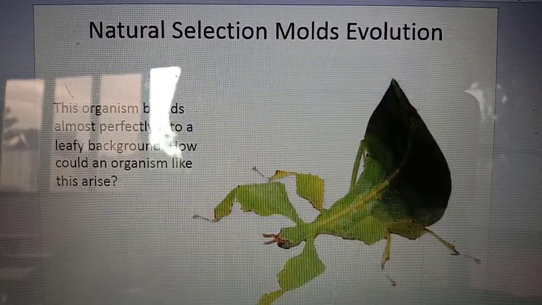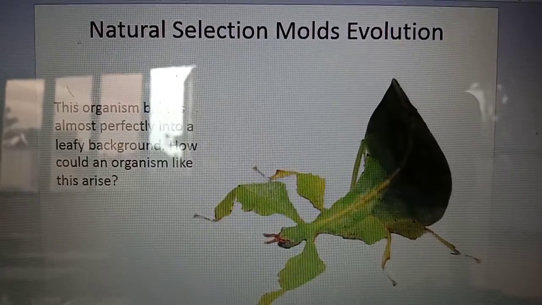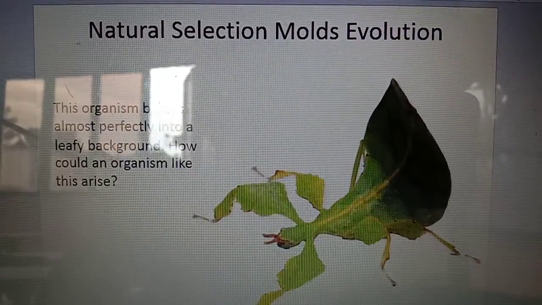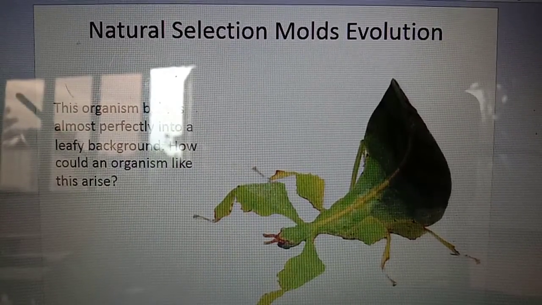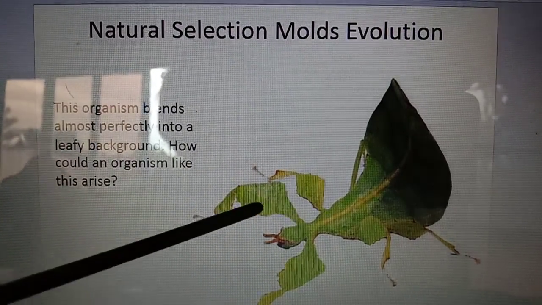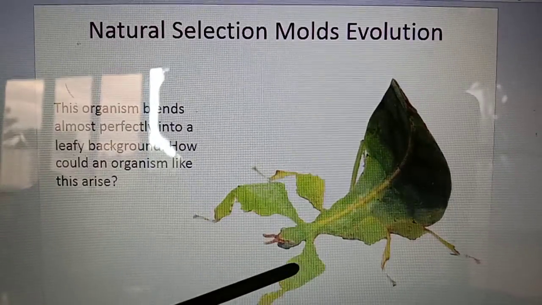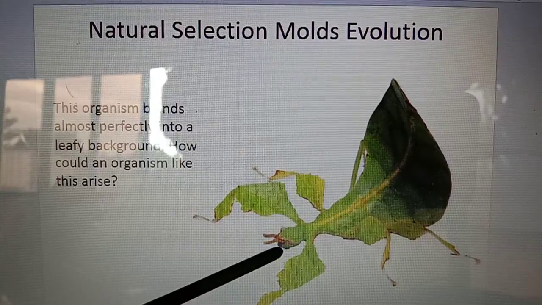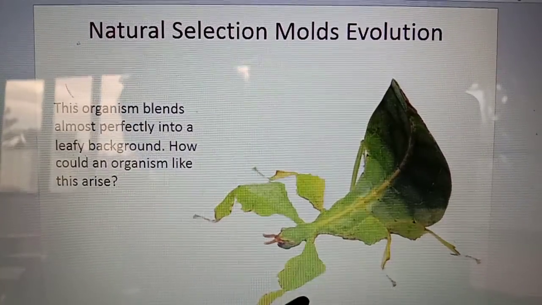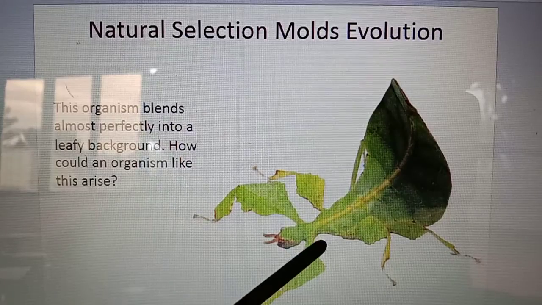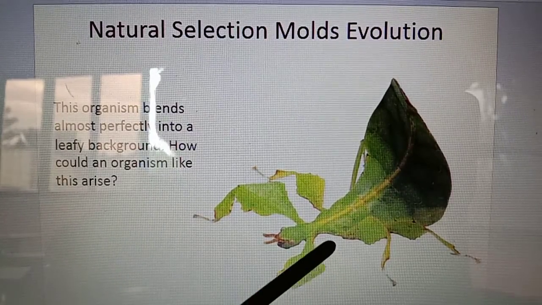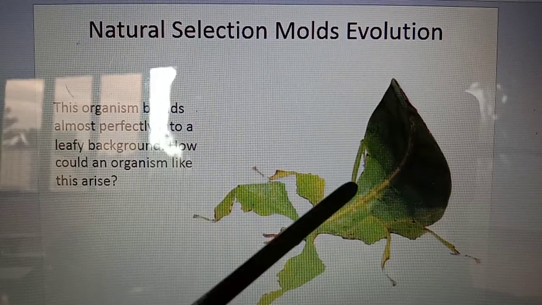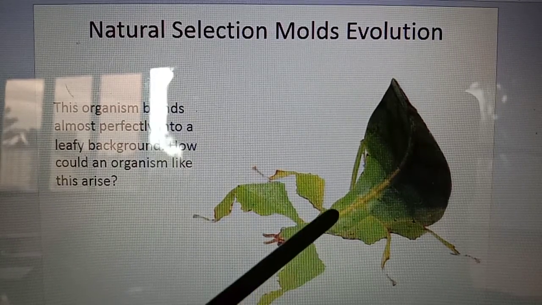Okay, now let's expound on natural selection, with an example in molds evolution. This organism blends almost perfectly into a leafy background. How could an organism like this arise? Have you seen this? Have you heard that there are some insects that when they hop on a green color, their color will automatically become green.